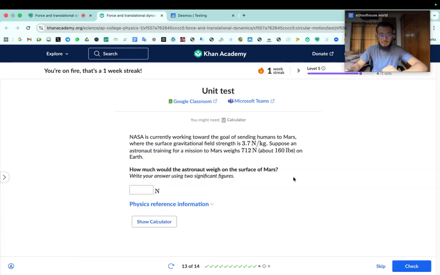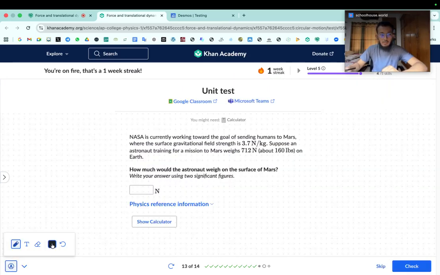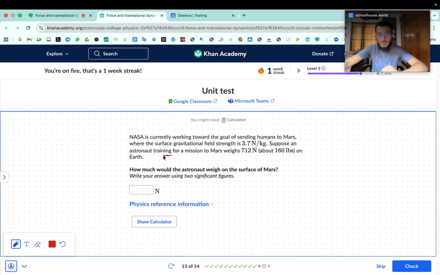NASA is currently working toward the goal of sending humans to Mars, where the surface gravitational field strength is 3.7 Newton per kg. Suppose an astronaut training for a mission to Mars weighs 712 Newton on Earth.